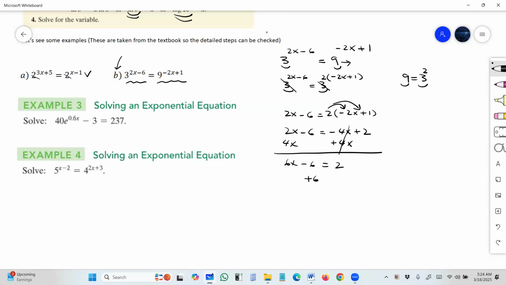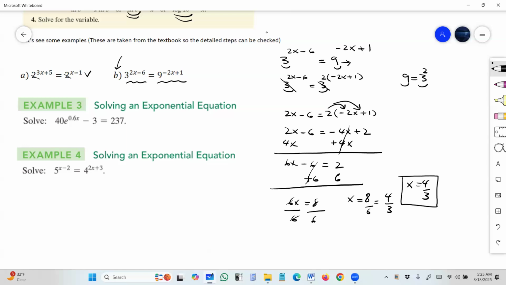Add 6 to both sides. And divide everything by 6. Whoops. And then simplify the fraction, right? By 2. Okay, so my final answer is 4/3.